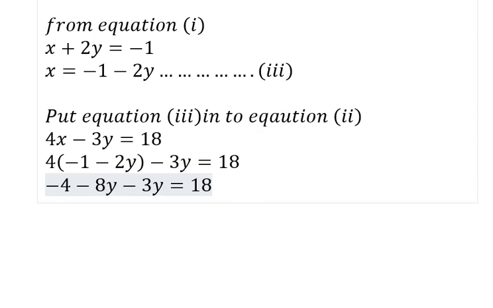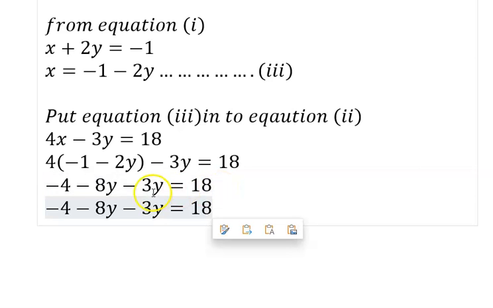Awesome. So with this, we have opened up the bracket. So let's collect like terms. Look at this. This one is minus 4, this one is 4, this one is 18. So they are numbers. This one is 8y, this one is 3y. They have y. So let's put them together.